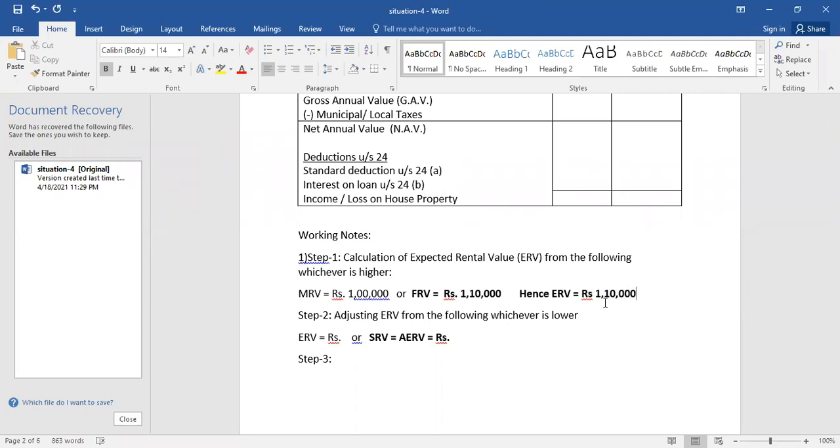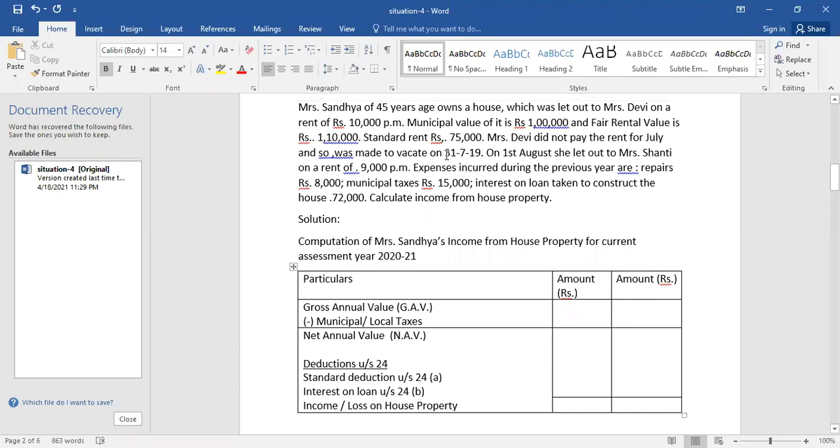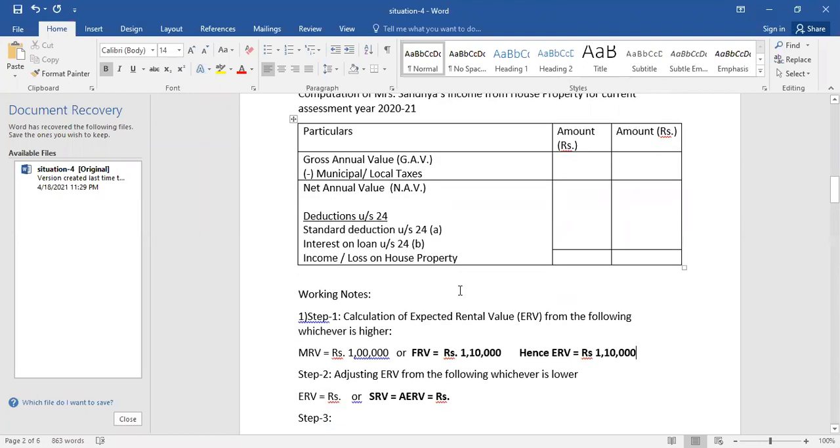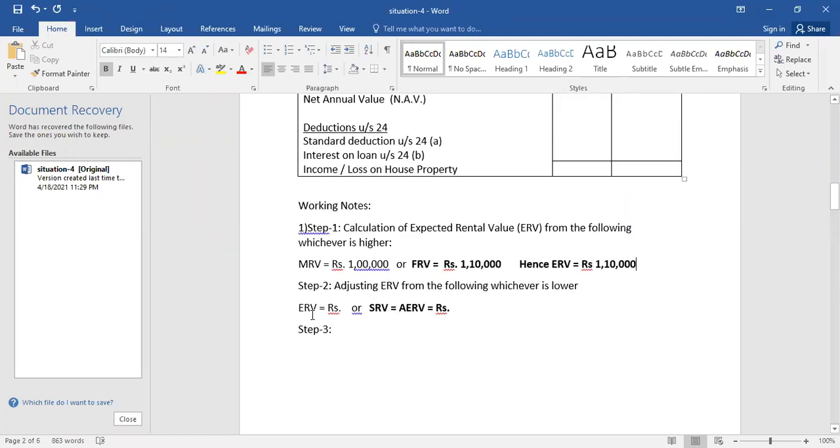Now step 2, we will limit the ERV if there is an SRV. Is there an SRV given in the problem? Yes, SRV is 75,000. Whichever is lower, in step number 2 we adjust the ERV.